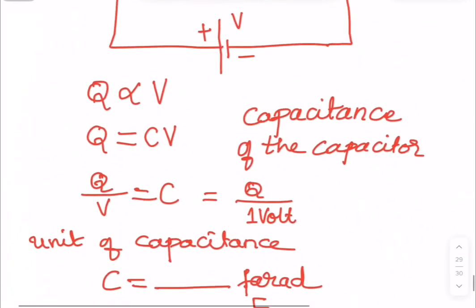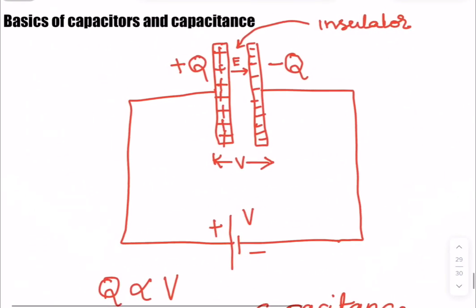Yes, this is about capacitors and capacitance. What are capacitors? We can say they are devices which can store charges. When they store charges, they produce a potential difference of V volts.